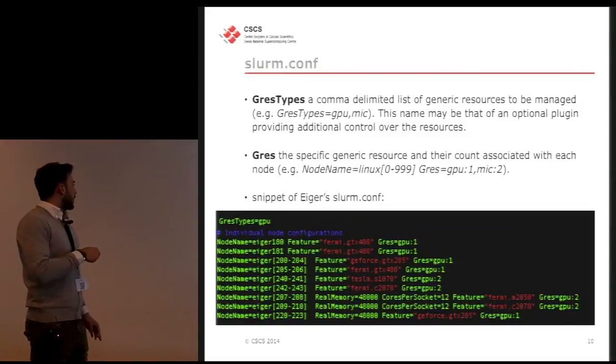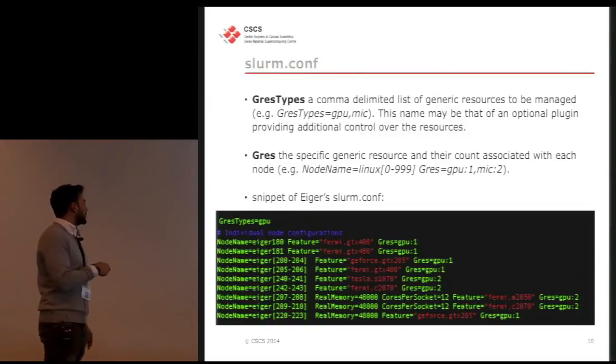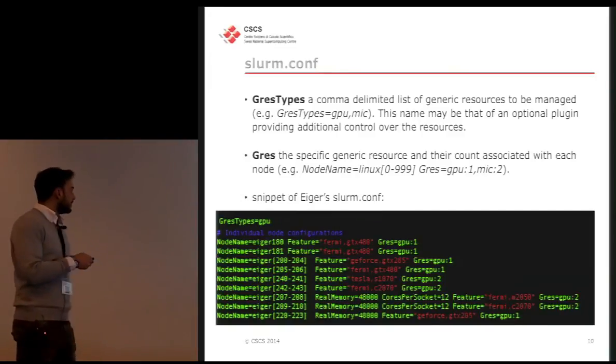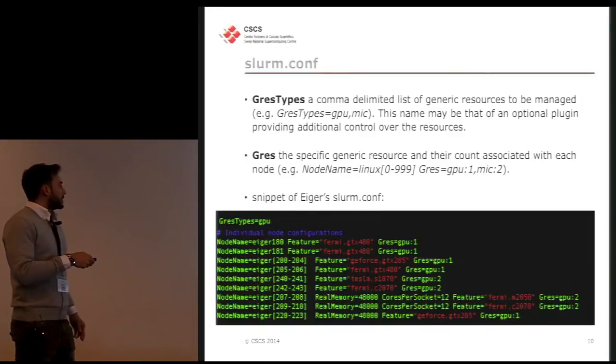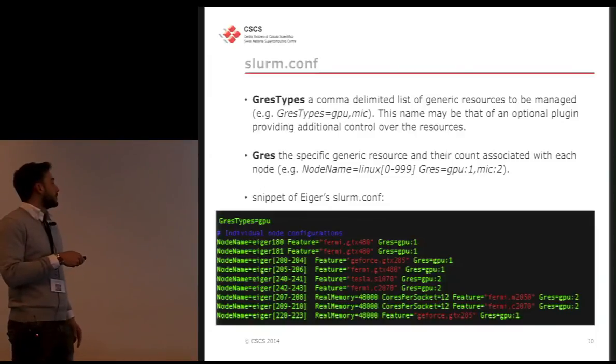After, while you are specifying the nodes, you have to specify the parameter Gres with the GRES type, colon, a counter. So this means that this node has a GPU, only one GPU.